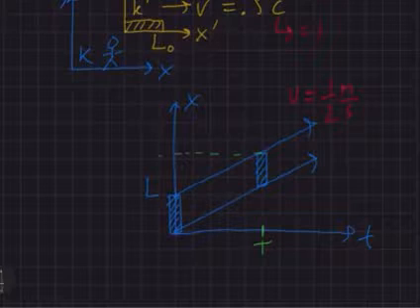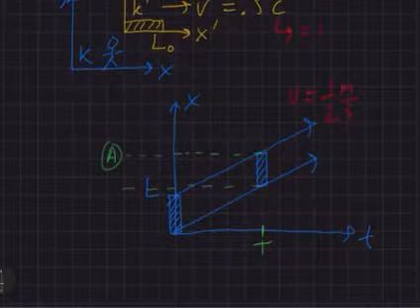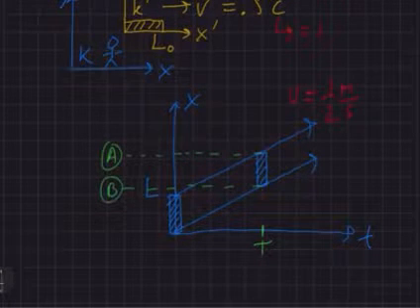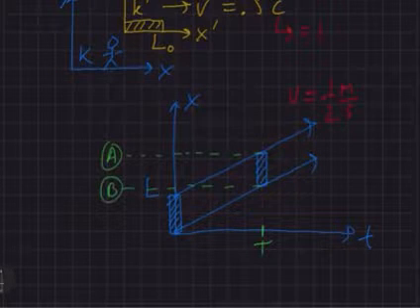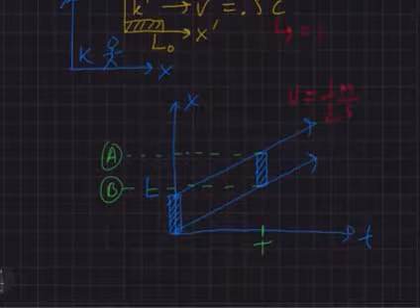Here we have what's called relativity of simultaneity, namely at this time capital T in green, the ends of the ruler correspond to the positions A and B at the same time.